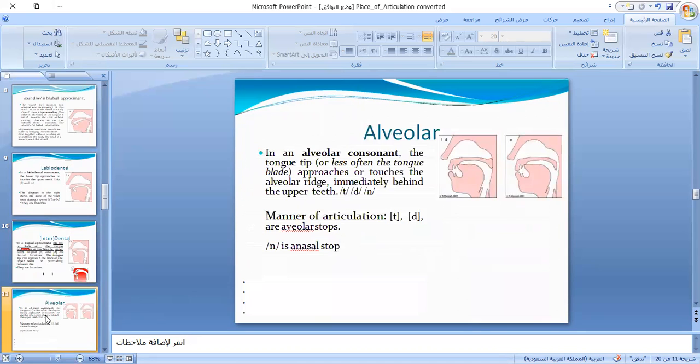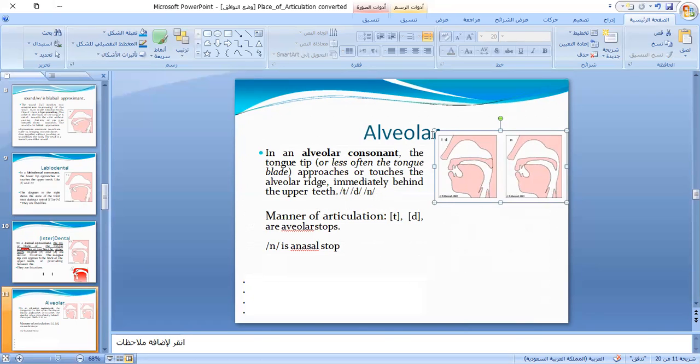Alveolar. In alveolar consonants, the tongue tip, the end of the tongue, you see here, or less often the tongue blade, approaches or touches the alveolar ridge. Here is the alveolar ridge, immediately behind the upper teeth.